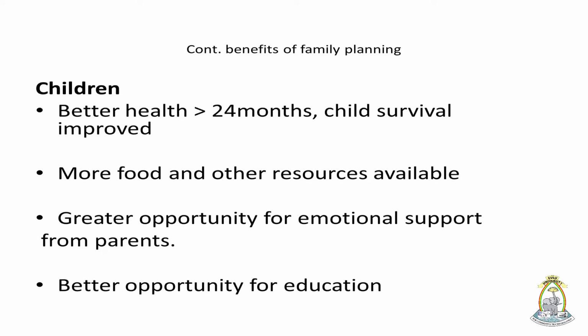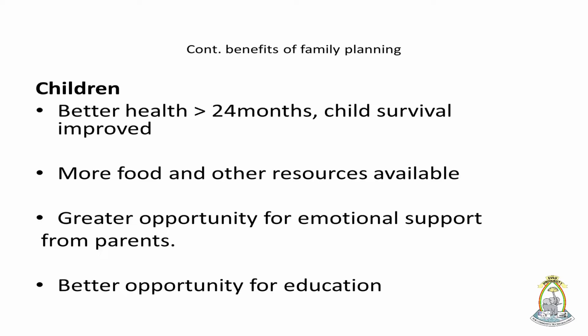About the benefits to the children, you have better health, especially if the child takes more than 24 months before getting another child. The chance of survival is very high. You have more food, more resources, more emotional support. The more children you have, the more likely you have a strain. You have to struggle to get emotional support from your parents.